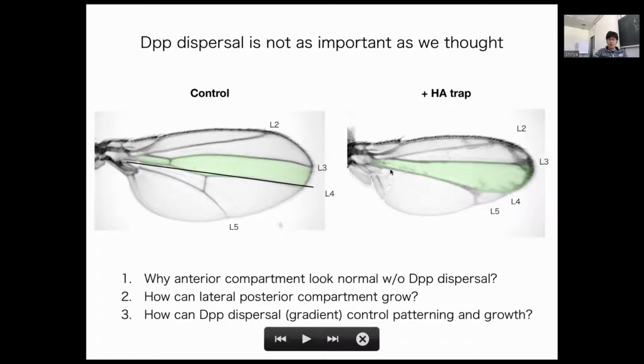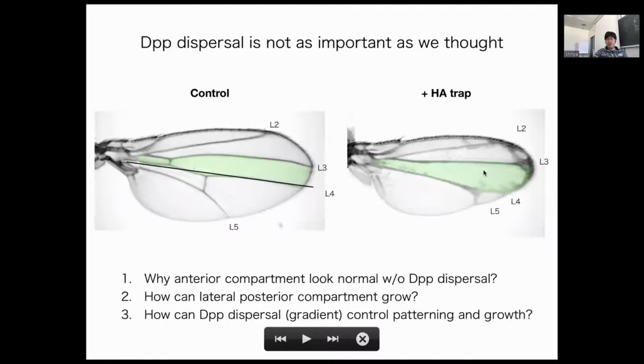So why is it so? DPP dispersal is not important at all? Why? This is completely different from what we thought before. We need to explain, because DPP is expressed in the late third instar larval stage in this green region.